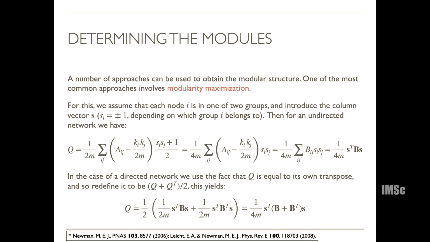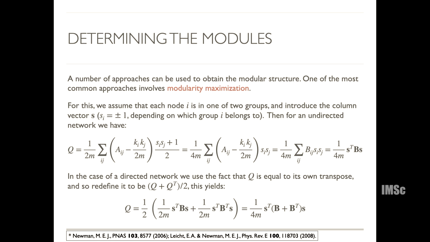We now go ahead and say, all right, suppose we can do this for a given partition. We can identify what the Q is, which is basically the measure of the excess number of links within groups. How do we figure out what is the best possible partition?